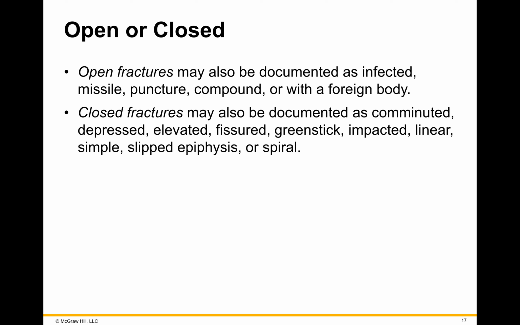Open fractures, which may also be described as infected, missile, puncture, compound, or with a foreign body, are open. So not only do you have the fracture, you have the bone going through the skin, which causes a huge, huge problem with infections. These are very nasty injuries.